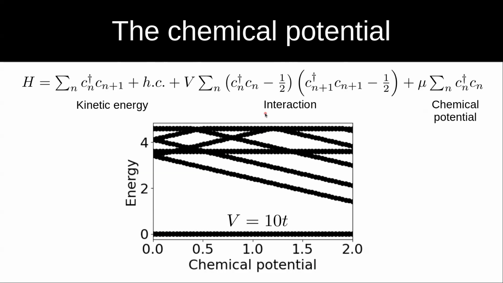Or in other words, one can find a common basis between this original Hamiltonian and the number operator, where both the number operator and the Hamiltonian are diagonal. So if we go to this large interacting limit, what we actually observe is that first there's a gap between the ground state, or actually ground states, and the first excited state.